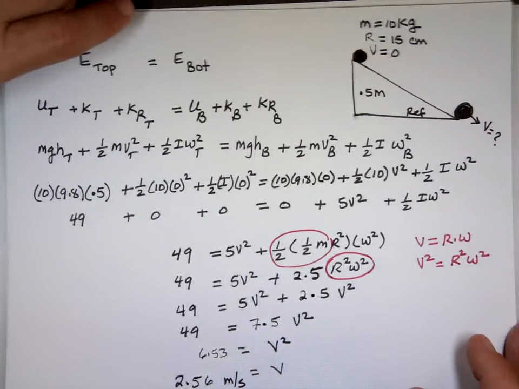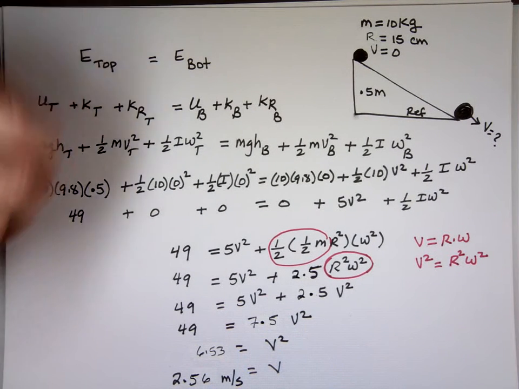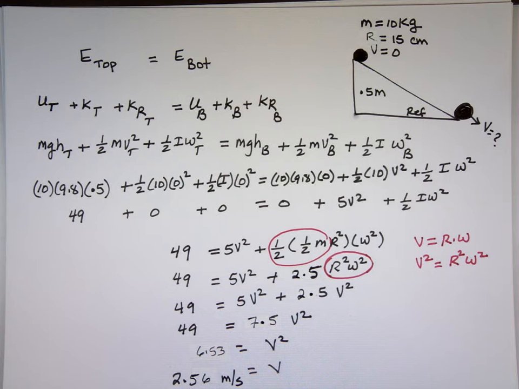Now we're going to replace the disk with a hoop, a ring, with the same mass and same radius, and see what the velocity is when it gets to the bottom, and who's moving faster.